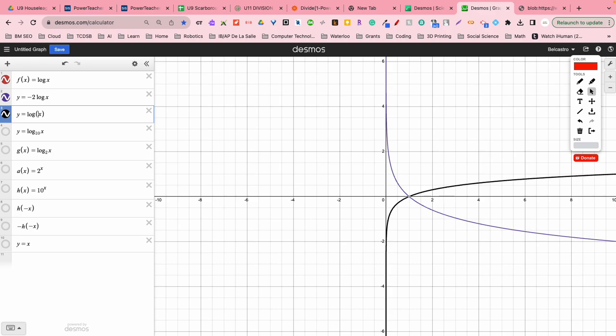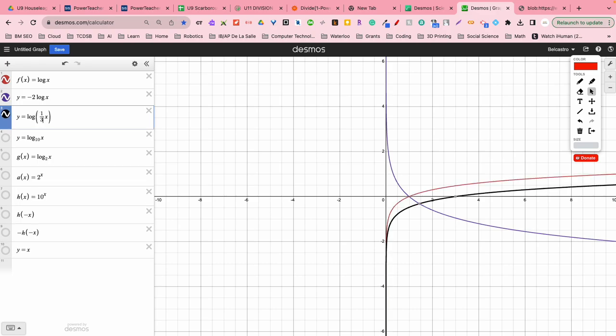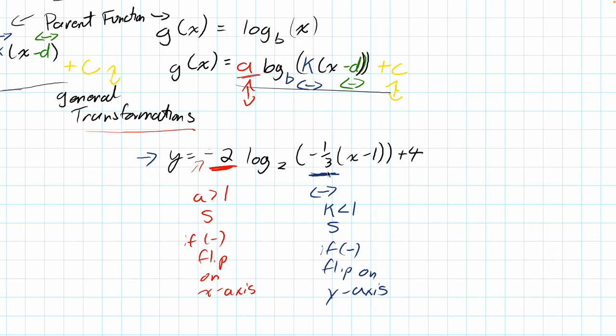So the program reads it as 1 over, there we go, 3. This is the idea that it's been horizontally stretched, so it's been pulled from the side like an elastic. So it looks like it's gotten thinner that way. And if we were to put a negative to it, it flips it on the other axis, okay? So now the idea is that we're kind of going to build them all together, but that's what each of these two things do. The other two, I think, are a little more straightforward.